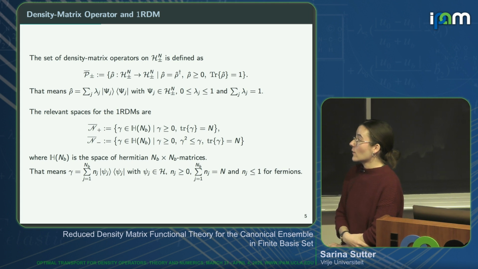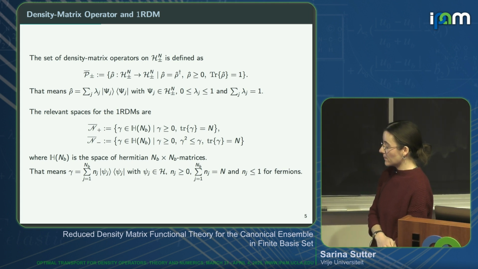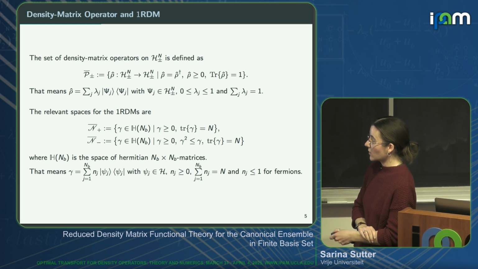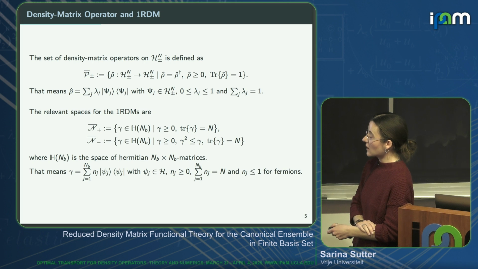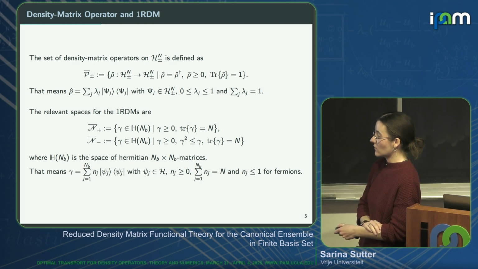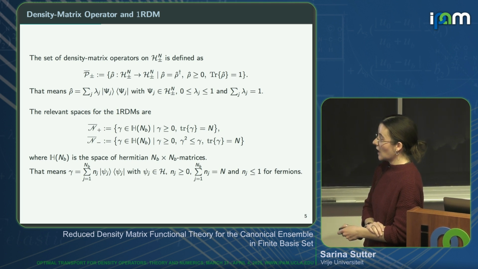And then we introduce the relevant spaces for the 1-RDM, again for bosons and fermions. The 1-RDM is a Hermitian matrix with dimension the number of basis functions. For bosons, the 1-RDM needs to be greater or equal to 0, and it needs to be normalized to n.